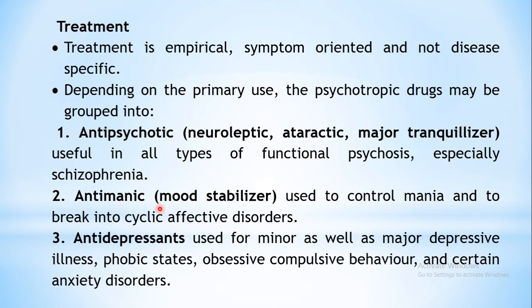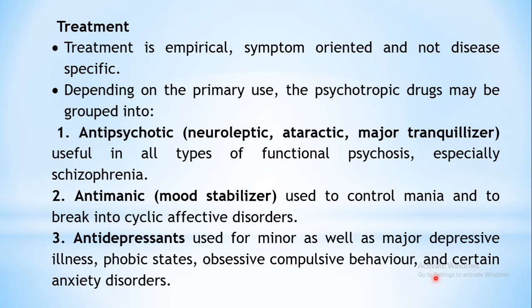Then anti-manic drugs or mood stabilizers, as the name implies, may be used to control mania or to break the cyclic bipolar disorder. Then antidepressants are drugs used for minor depressive situations or major depressive illness. Phobias can also be treated by antidepressants.